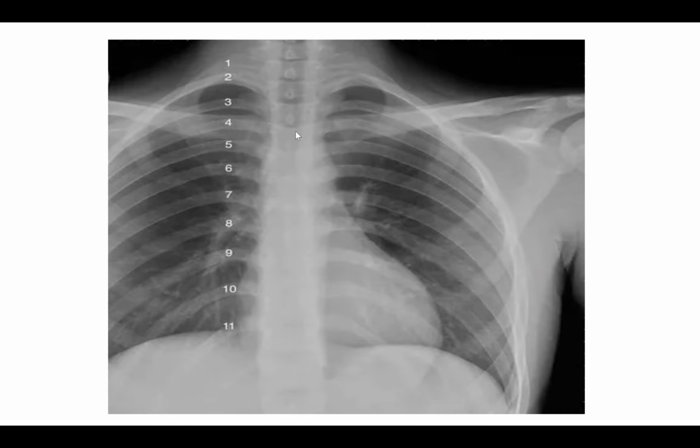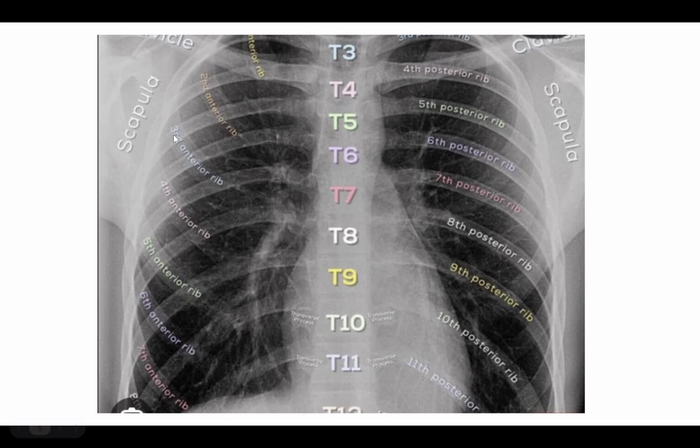Also, what you can see is the scapulae. This is the scapular shadow, and this is the scapular shadow. Okay, so in this imaging, we see that these are the thoracic vertebrae, and these are the ribs.